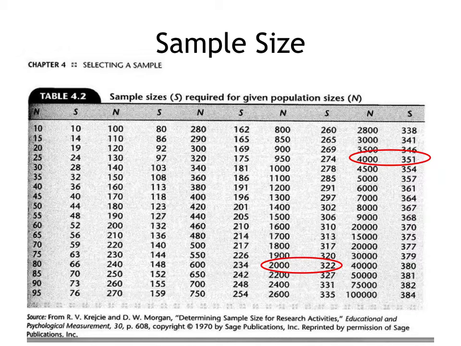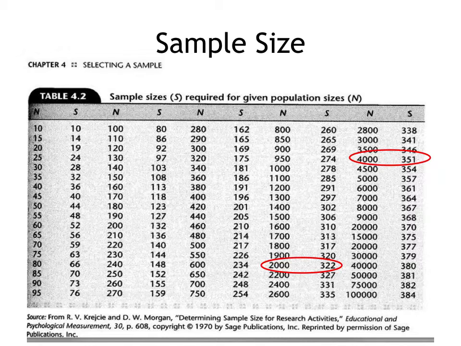And what you do is you can go down the sample size that's needed for the population, which is in the N column. So I've circled 2 of them here. If you've got a target population of 2,000, you need to sample 322 of them.